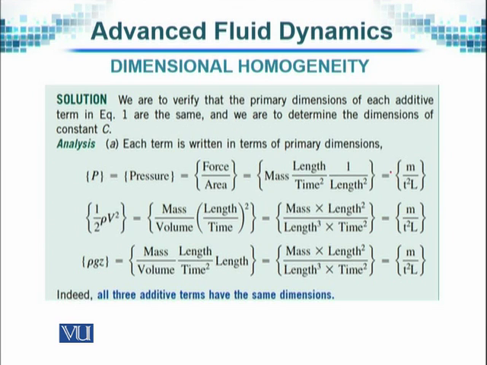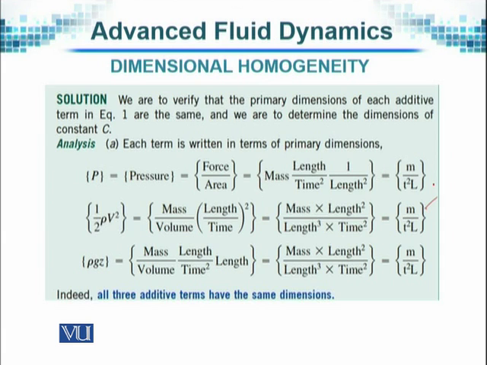So they will have the relevant dimensions. For density, we have mass over volume, and for velocity, we have length over time. When we simplify them and cancel out the terms that neutralize each other, we are left with m over t square into L.